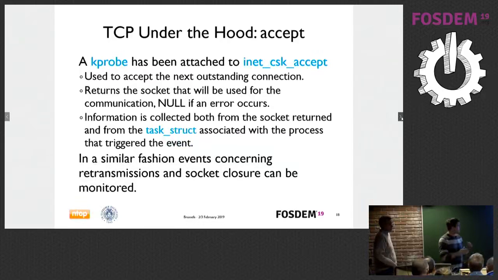When our code is executed, we use the socket that is returned by the function to collect network information, and use the task structure to collect information of the user and concerning the process. In a very similar way, we have tracked retransmission and events concerning socket close when a socket is closed.